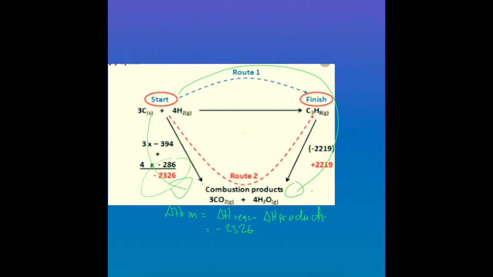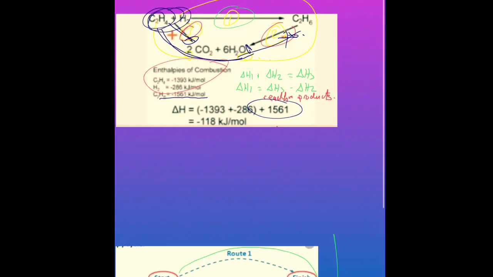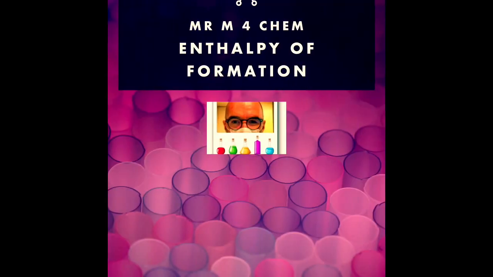So it's take away, well, I'll put the full lot in, take away 2219, which is the same as plus 2219. Plug that into your calculator, minus 107 kilojoules per mole. Reactants minus products, that's all good. Enthalpy of combustion data, reactants minus products. Learn it, deal with it, move on with your lives.